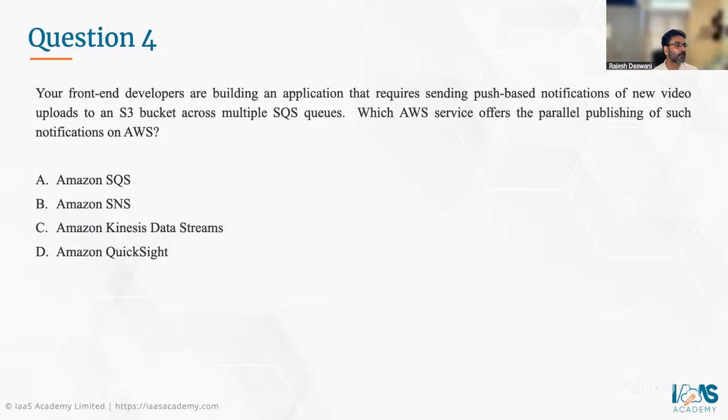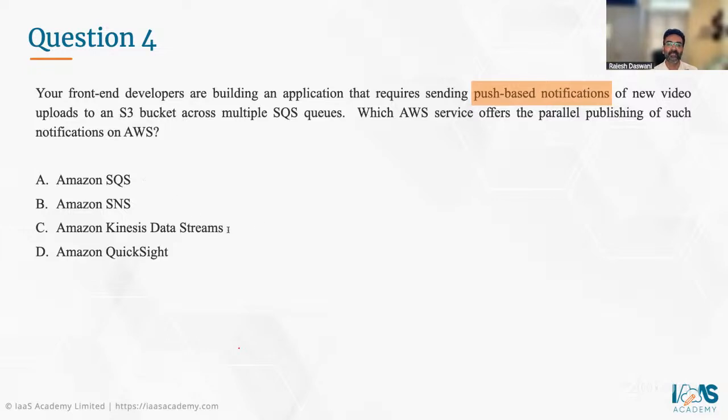Okay, so here, let's take a look at the key phrases. This is a push-based notification. So when you see push-based notification, immediately you should understand that it's not going to be a pull-based messaging protocol, so it's definitely not SQS.